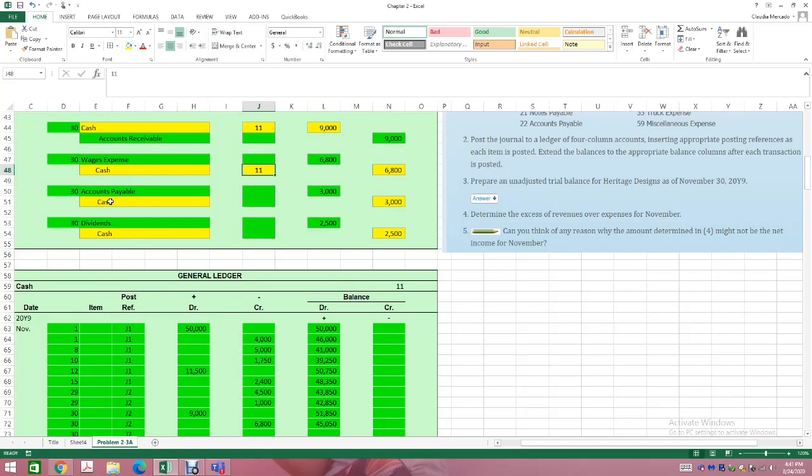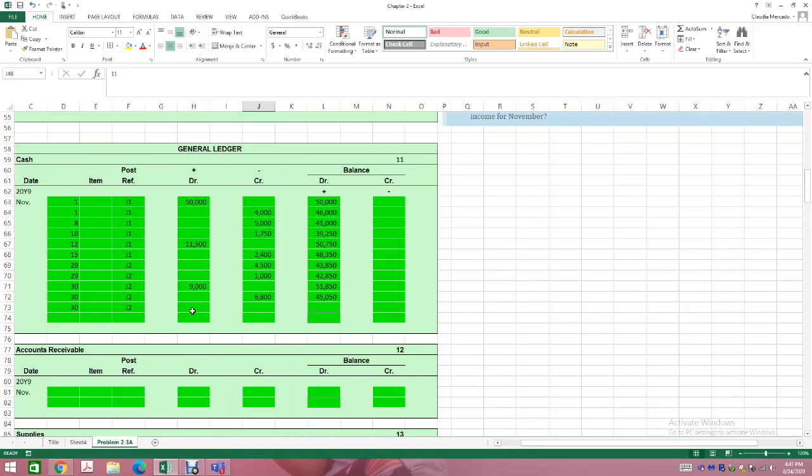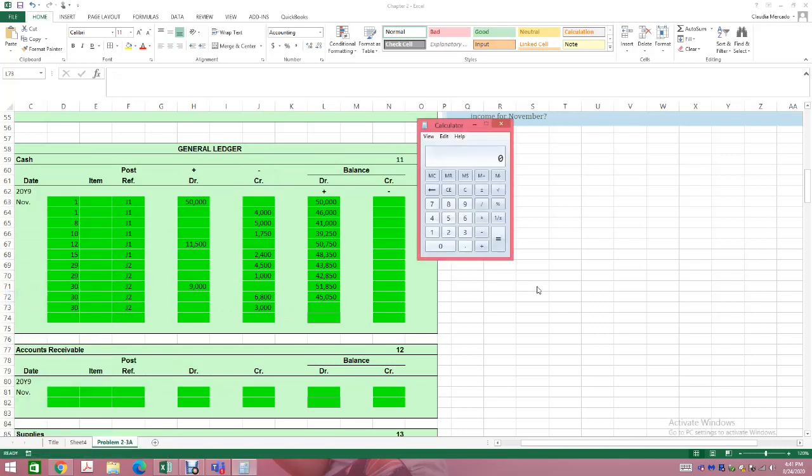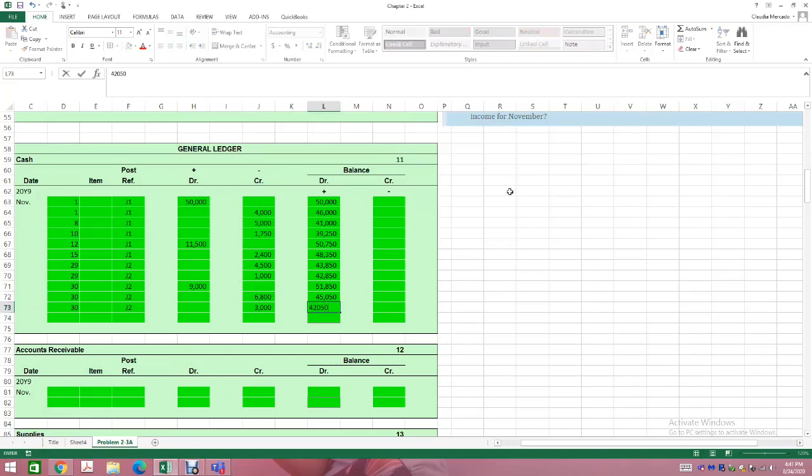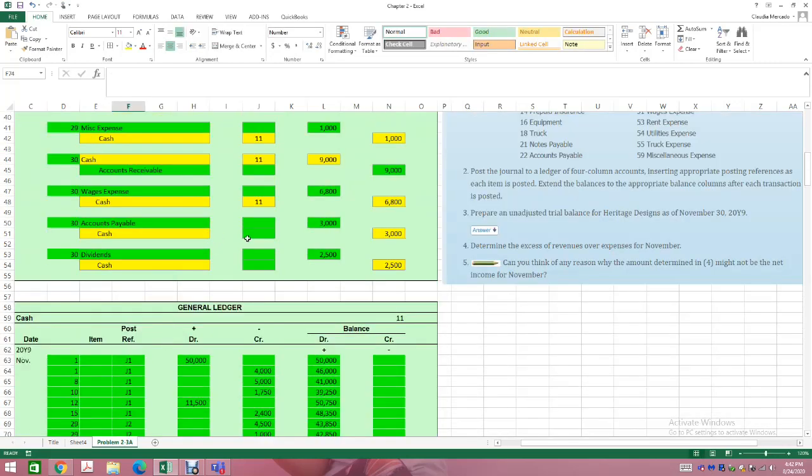We have another credit of $3,000 to cash. Cash, $3,000. And it's $3,000 here. So let's get our calculator. 45,050 minus 3,000. That'll be 42,050. And then we have on the 30th the last transaction.